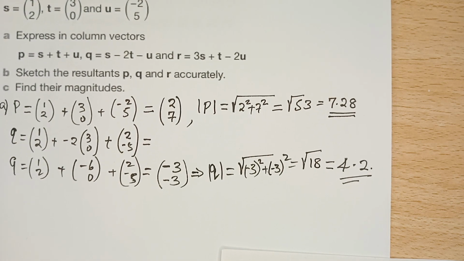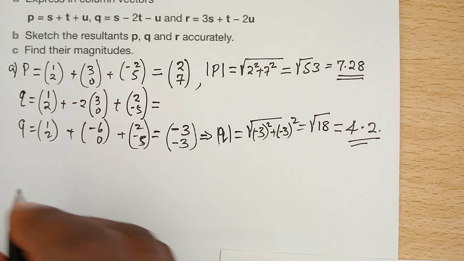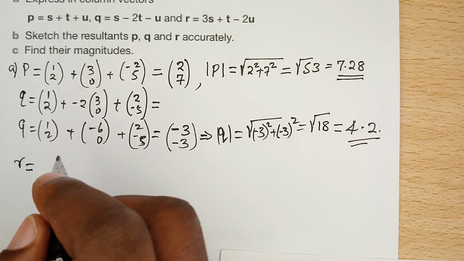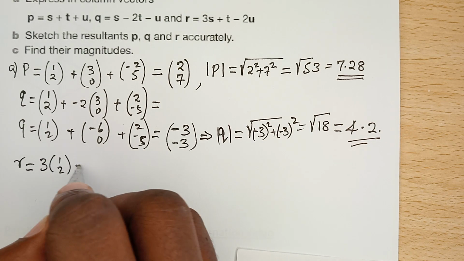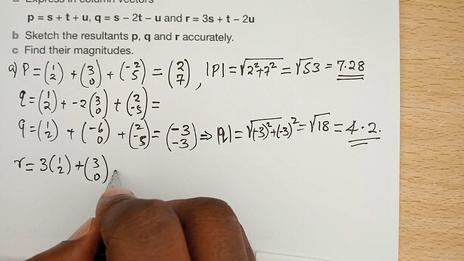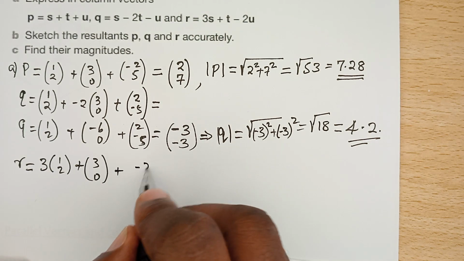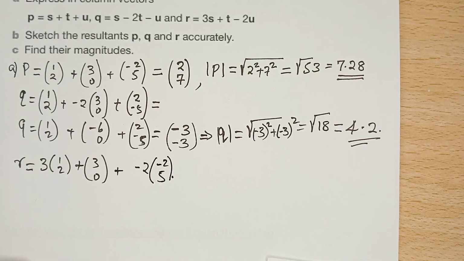The final vector, vector r, is 3s, 3, 1, 2, plus t, 3, 0, plus minus 2u, minus 2, 5.